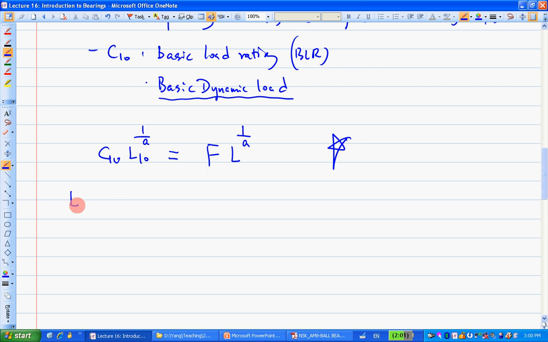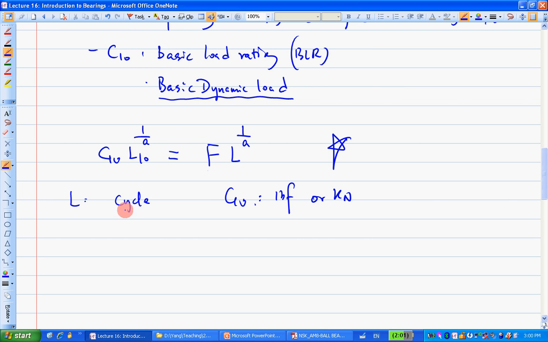What's the L here? Remember, L is in cycles. The unit for L is a cycle, and C10 and F can be in pound force or kilonewton. If the question didn't give you cycles, but instead says, for example, I want to operate for a certain number of hours at this speed, then you can calculate the L based on the requirements.